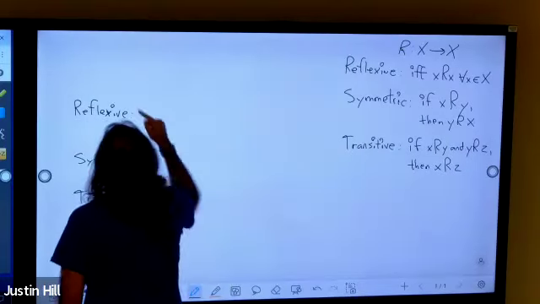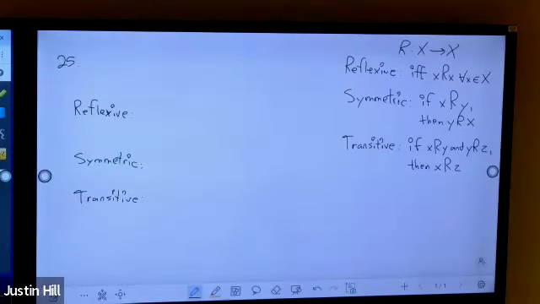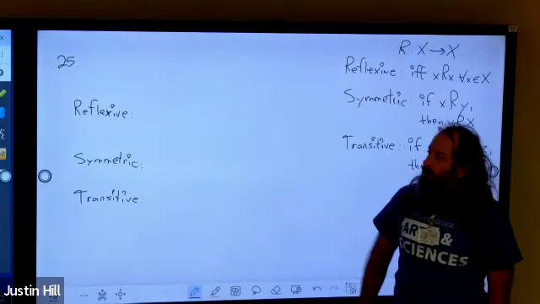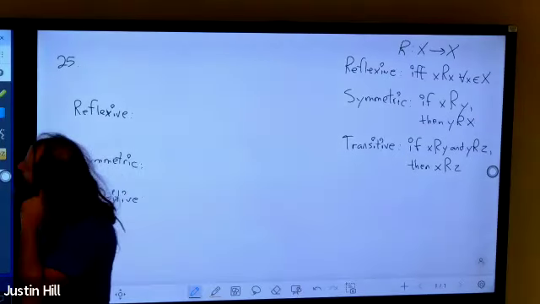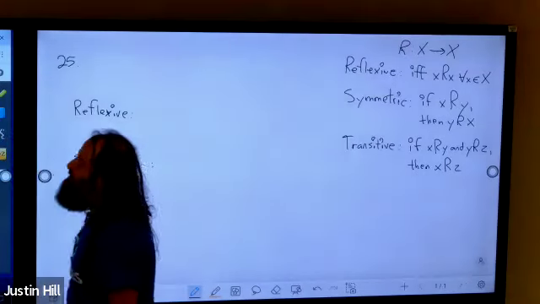As always, I want to look at relations with different contexts, and at least one that has a computer science context. So let A be the set of all strings of A's and B's of length 4.